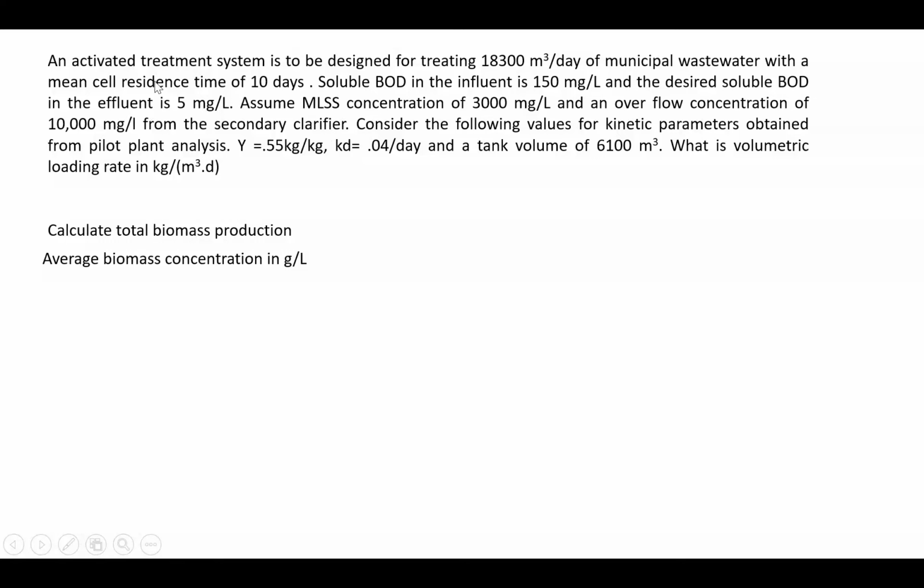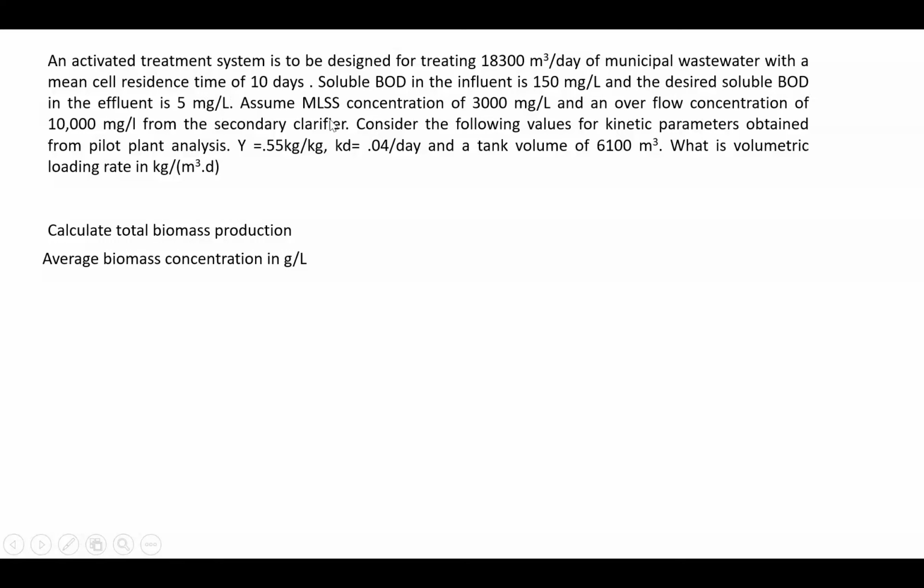This system, an activated sludge treatment system, is to be designed for treating 18,300 meter cube per day of municipal wastewater with a mean cell residence time of 10 days. Soluble BOD in the influent is 150 milligram per liter, and the desired soluble BOD in the effluent is 5 milligram per liter.